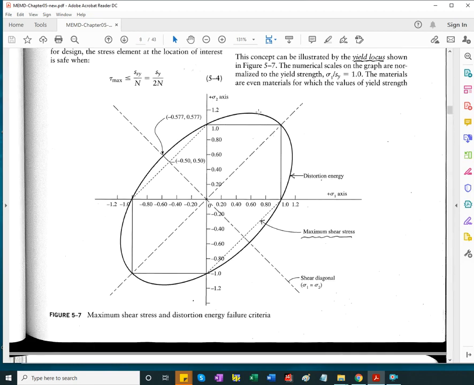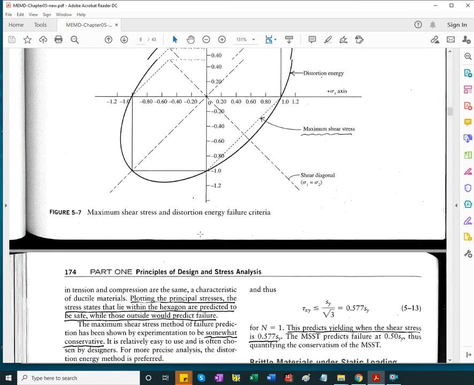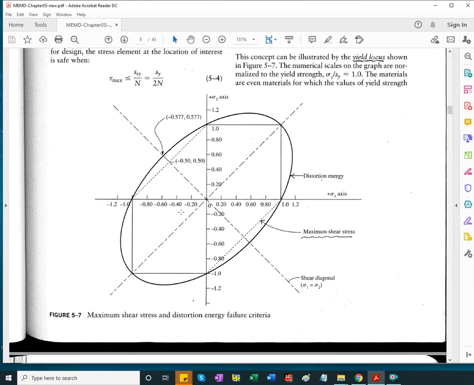So the safe zone is this ellipse corresponding to equation 5.9. If you're inside the ellipse, you're safe. If you're outside, you're not safe, or failure can occur for n equals 1, that is.